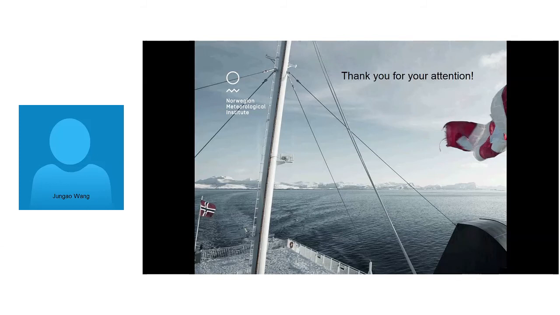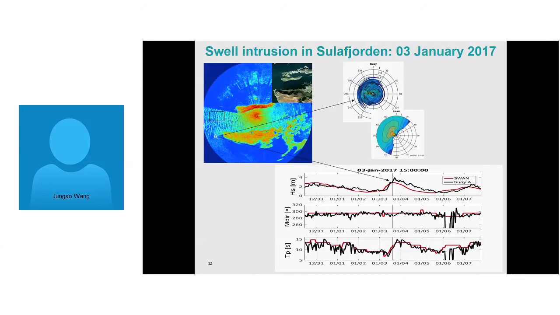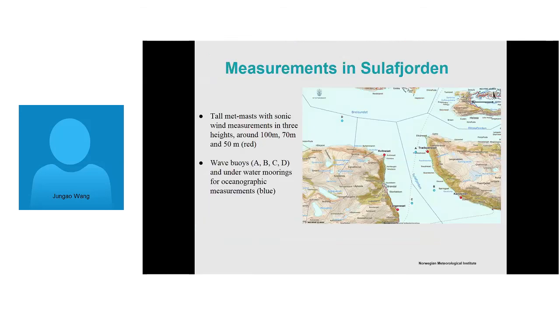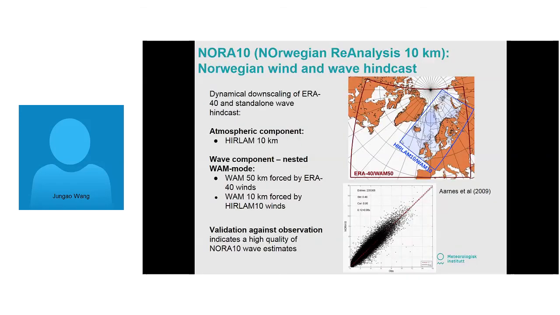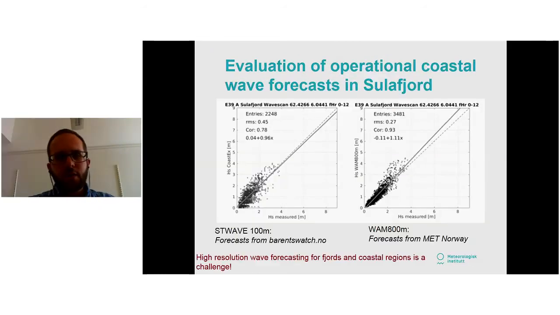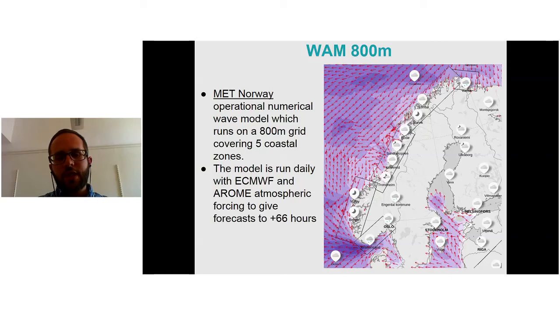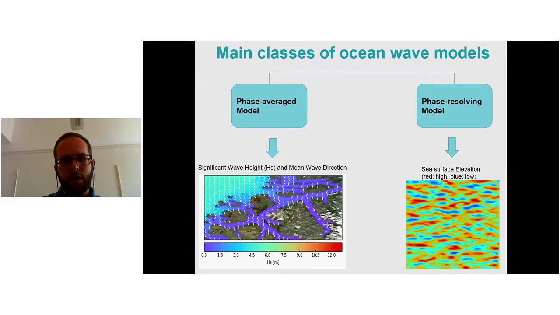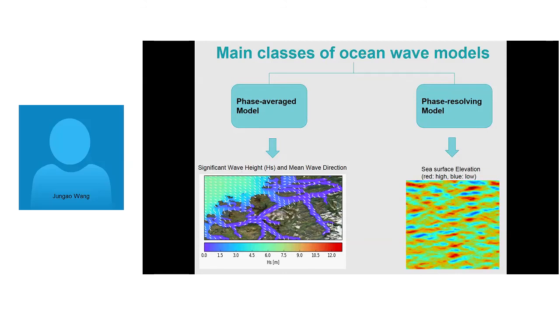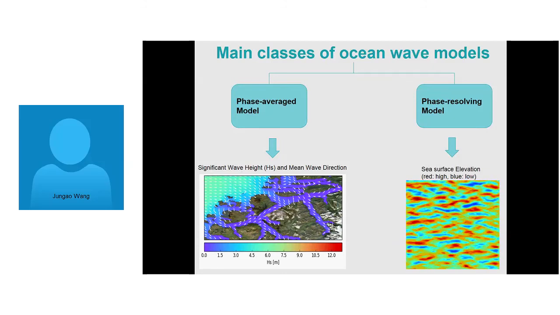So the first question I have is, you mentioned the difference between the two wave models. One is phase average and one is phase resolving. But you are using phase average for SWAN, if I'm not wrong, right? Yes, the SWAN model is a third generation phase average model. So the result you show here is not about phase resolving, right?